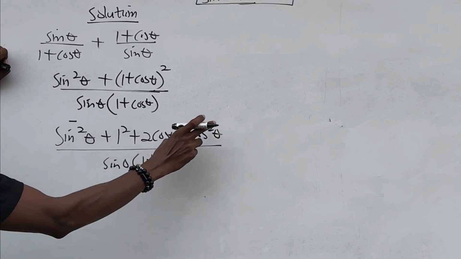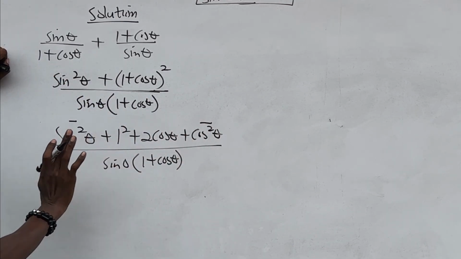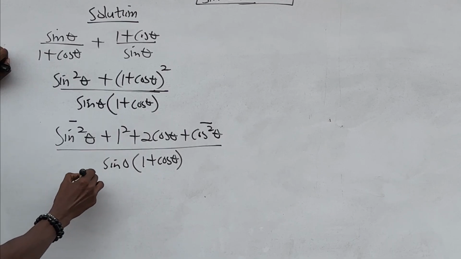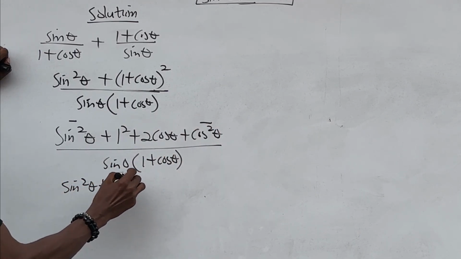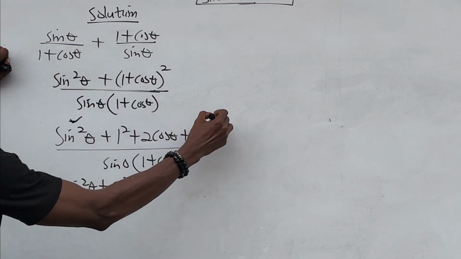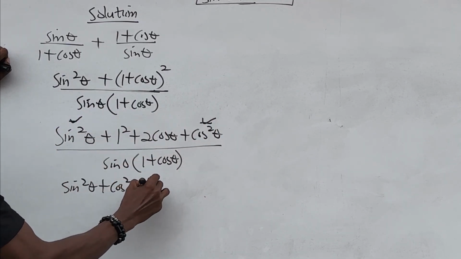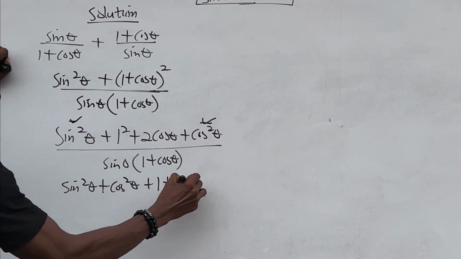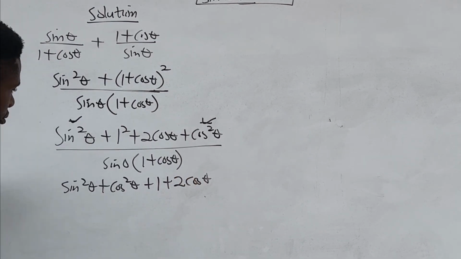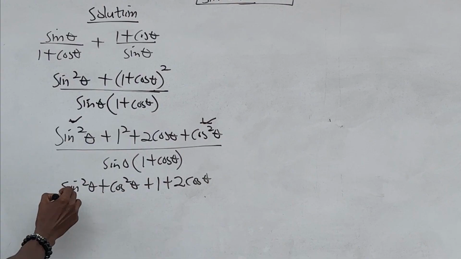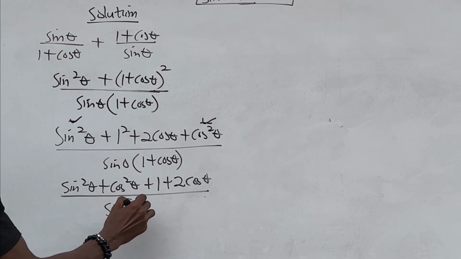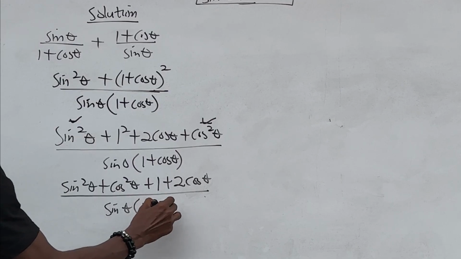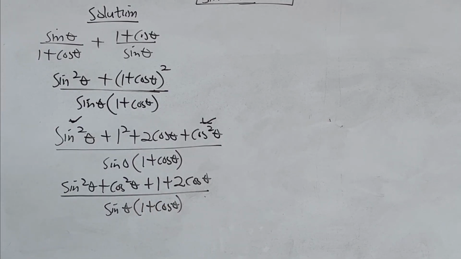Let me put it together to avoid the confusion. So sine square theta plus cos square theta, I've taken this and this. So now we have 1 square, which is 1, plus 2 cos theta. That's our numerator now, all over our denominator, sine theta into 1 plus cos theta.